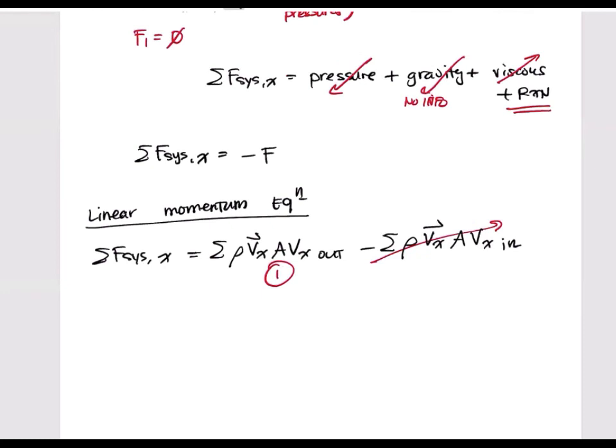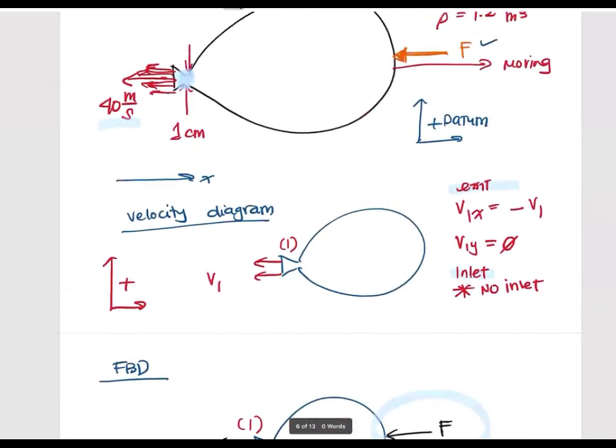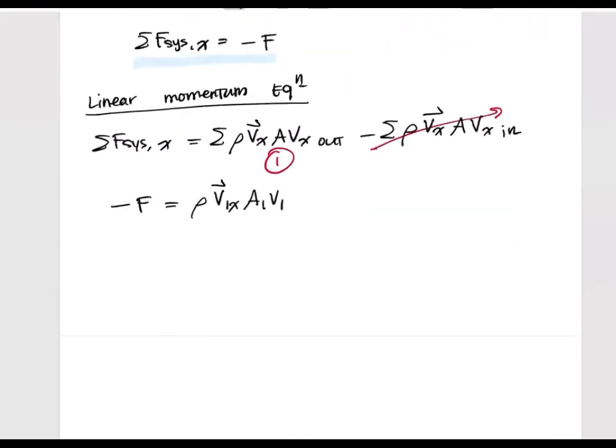The sum of forces onto the system, we've already done it here, is going to be negative F. We have density, V1 directional X, A1 V1, right? We already have V1X over here where V1X is negative V1.